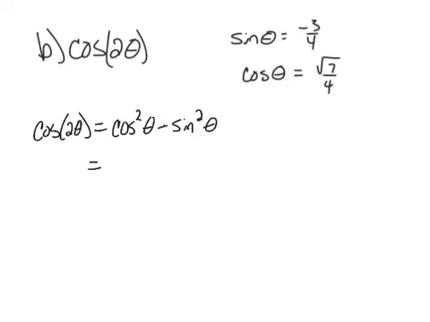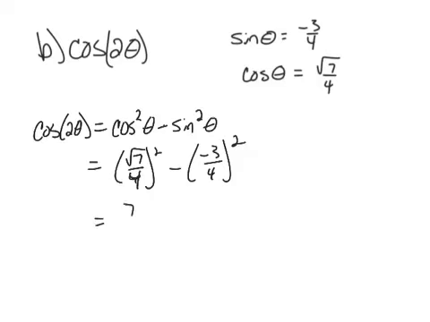So if I substitute in, I have radical 7 over 4, and I'm squaring that, minus negative 3 over 4, and I'm squaring that. Remember, when you square a negative, you're going to get a positive. So this ends up being 7 over 16 minus 9 over 16, and that should leave you with negative 2 over 16. Reduced down, it's negative 1 over 8.